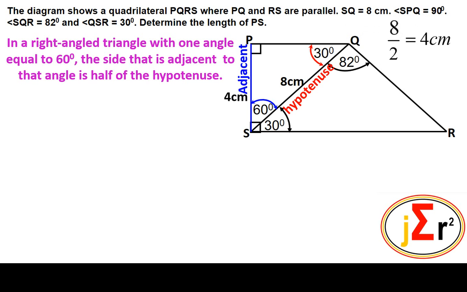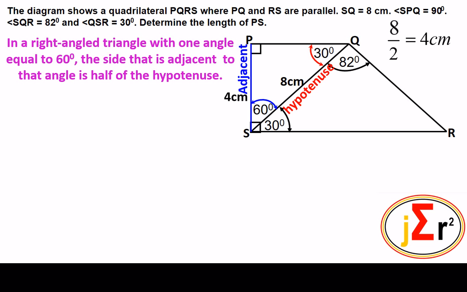This might not be an acceptable method in the examination, but it is quite useful, because at least you will begin by knowing what the length of PS is. You have the knowledge ahead of time of what that side PS should be.